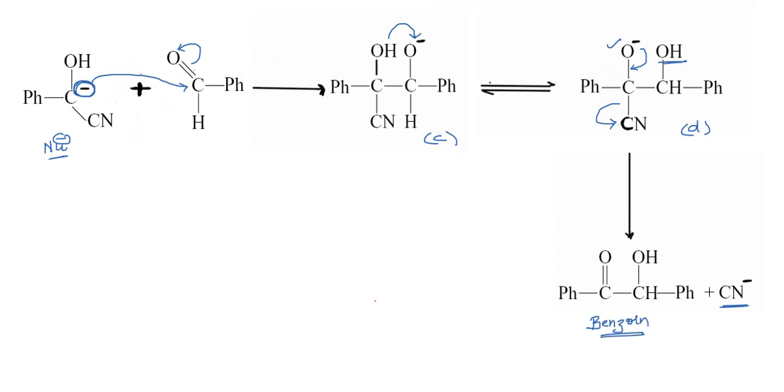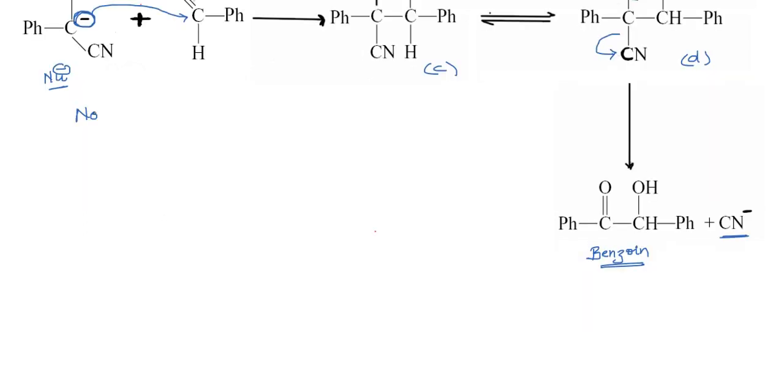Now what is the actual use of using the CN? Because ये वो benzoin condensation है, it does not take place in another base. Benzoin condensation is not catalyzed by OH minus base or some other base.